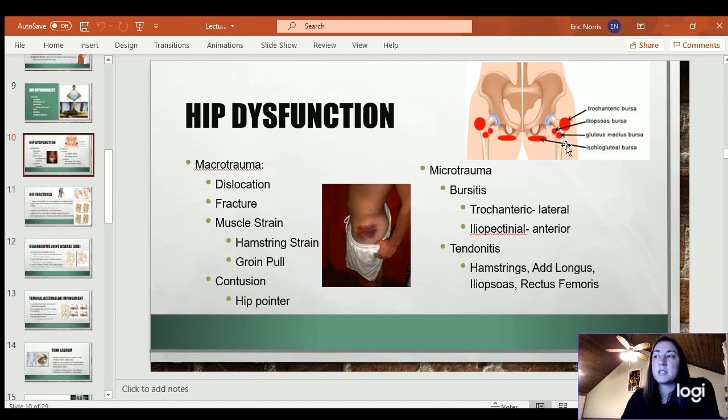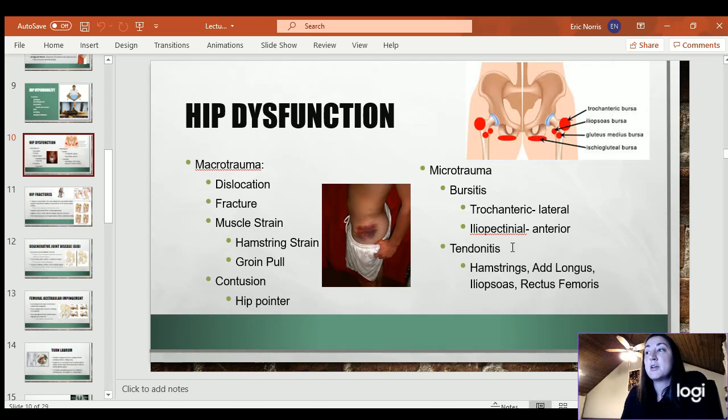I haven't run into that as often as the others, and then there are other bursas is basically what I'm mentioning here. But the most common would be over the greater trochanter or over the ischial tuberosities.